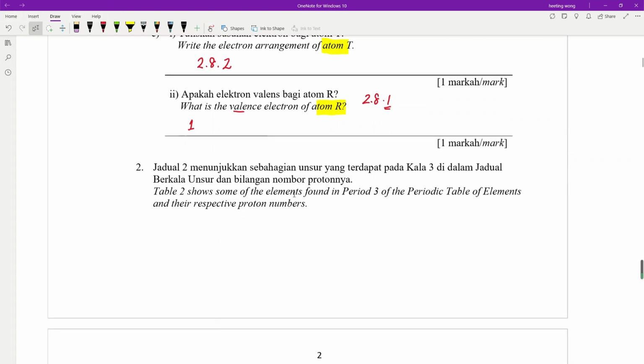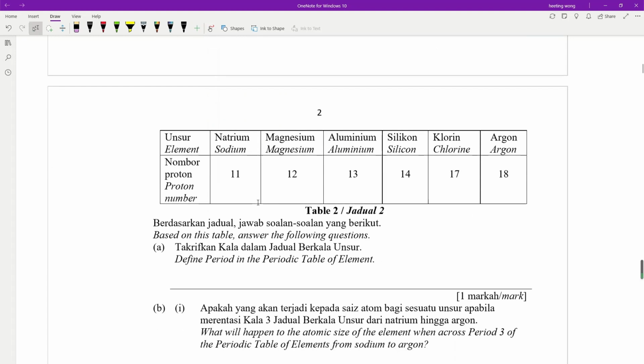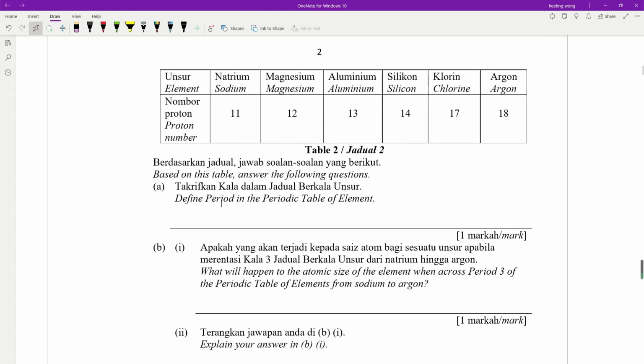Question number 2. The table shows the elements found in period 3 in the periodic table and their respective proton numbers. So the proton number for sodium until argon is given to you. Define the period in the periodic table. So what is the meaning of period? This is not a popular question.